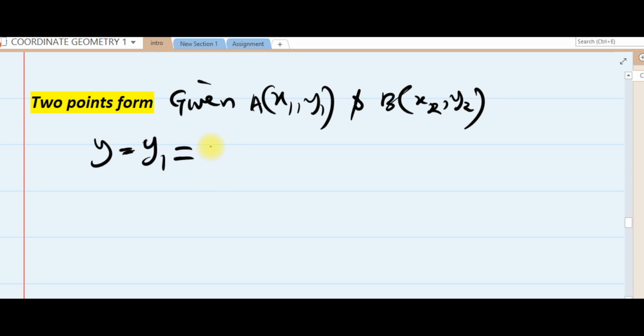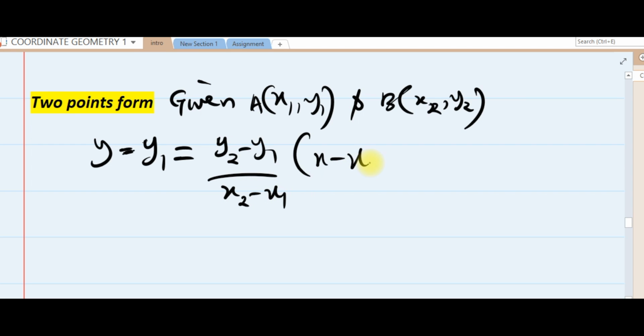So I'm using the first point. But the slope now, we are not given directly. From these two points, we can get the slope using our formula for slope, which is y2 minus y1 over x2 minus x1. Finally, times x minus x1. So what I did, I used x1, y1.